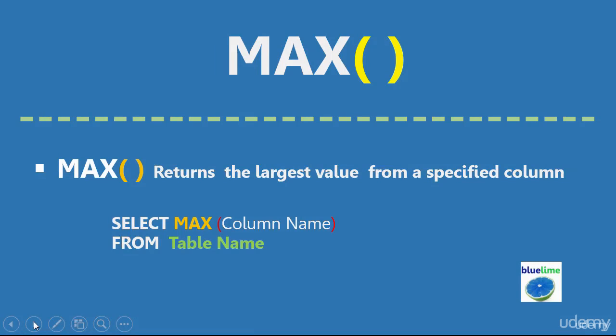In this lecture, we looked at the max aggregate function, which is used to return the largest value from a specified column. We did an example with the HR schema and employees table, where we found the largest value for sick leave hours.